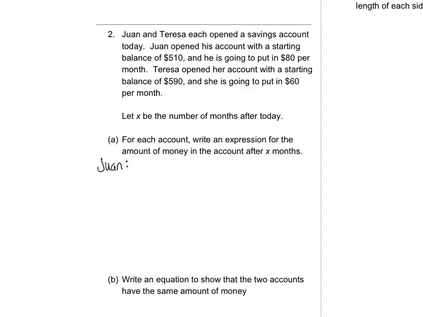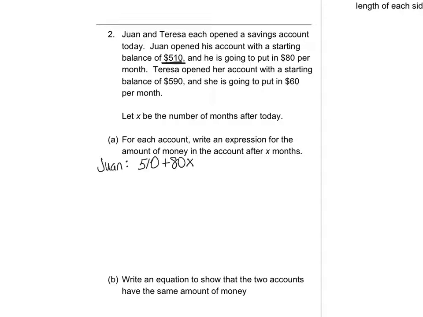Remember, Juan is going to open his account with $510. So that means even before he adds any more money, he has a balance of $510. Then he's going to add $80 for every month X that he has the account.